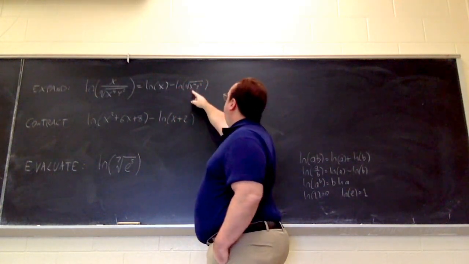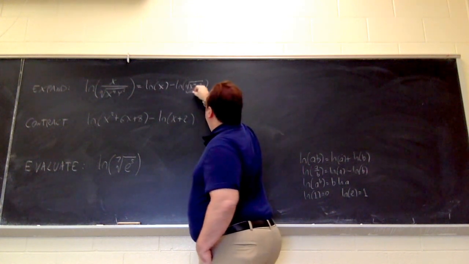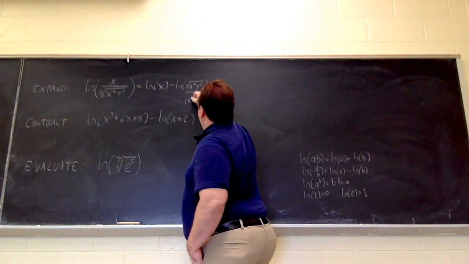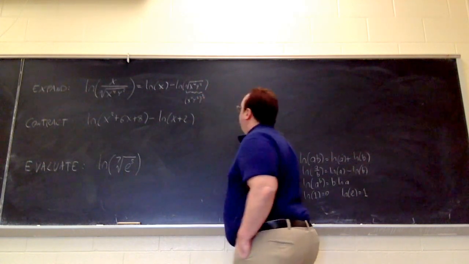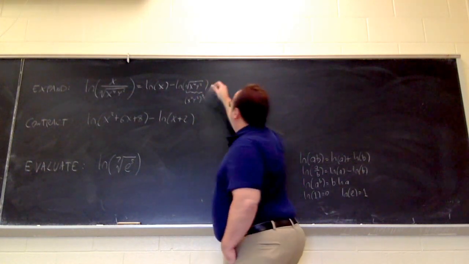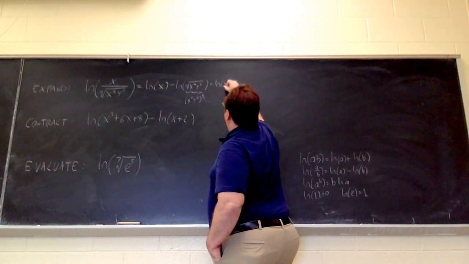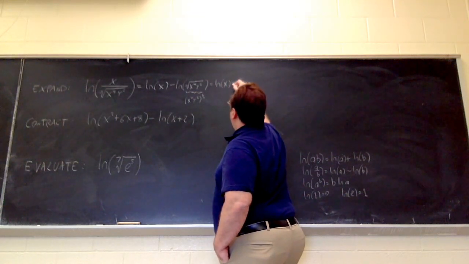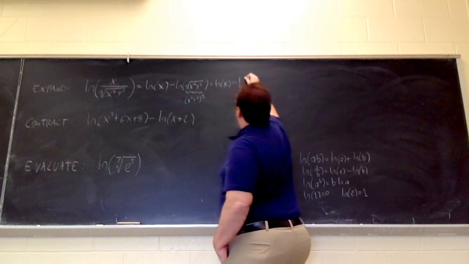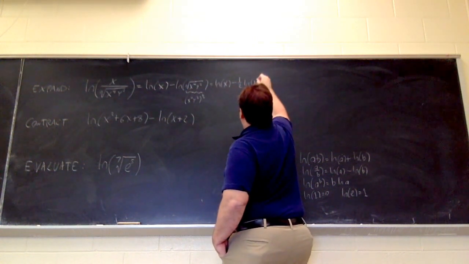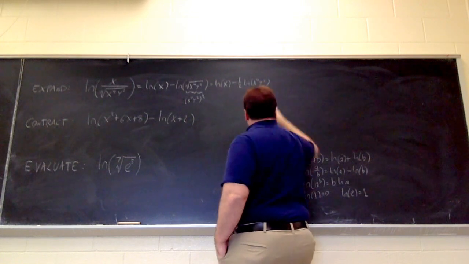But this is the same as x to the 4th y squared to the 1/2 power. So if I write it this way, then I can use the third property and take this exponent and put it out front. So then I have 1/2 natural log of x to the 4th y squared, well, it's under the square root sign.